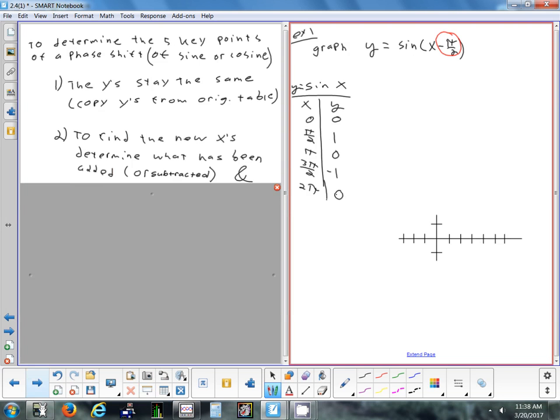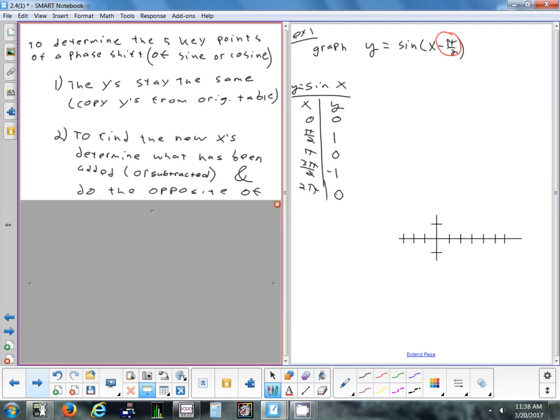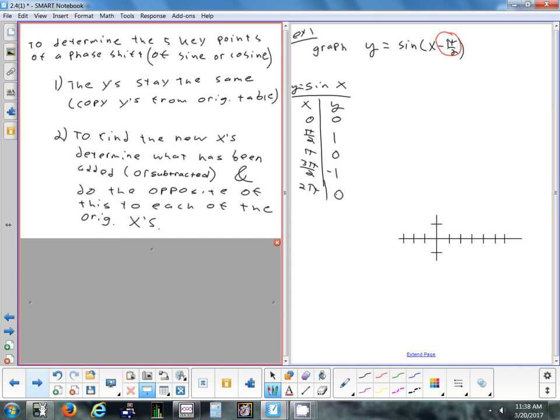They've subtracted pi over 2. And then what I'm going to do is the opposite. Why opposite? We just looked at the graph. Because subtracting is going to move it to the right. How would I shift the graph to the right? I would add something. Adding would shift to the right.